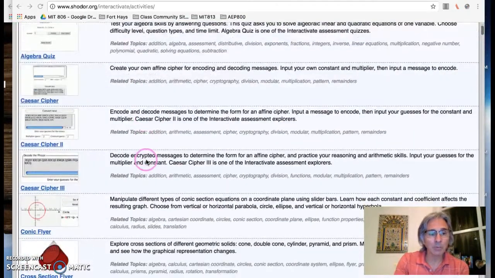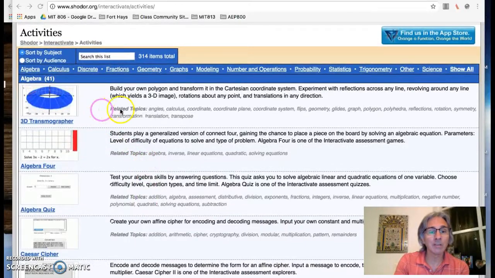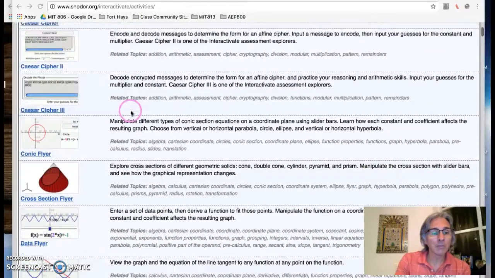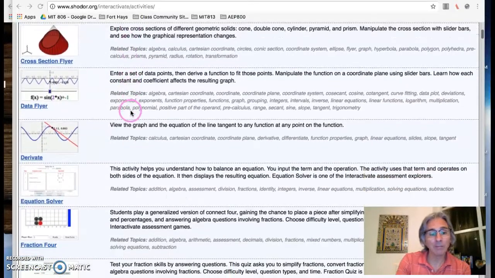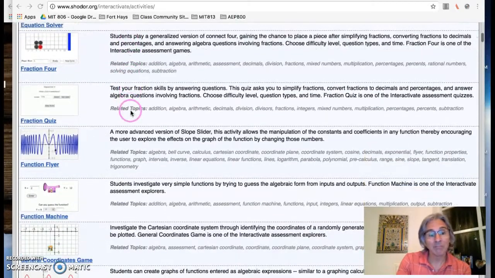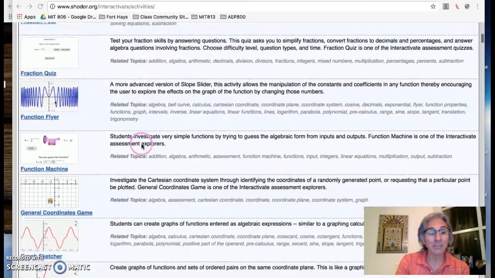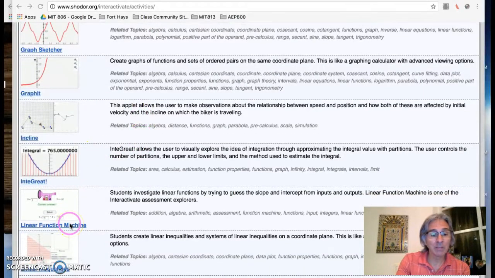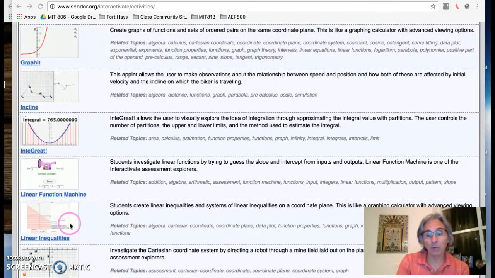So, for example, they cover things such as topography and algebra, geometry, graphing, problem solving, trigonometric functions, all kinds of things. And each one of these is an application that allows students to go through a process to hopefully construct more deep understanding about the topic.